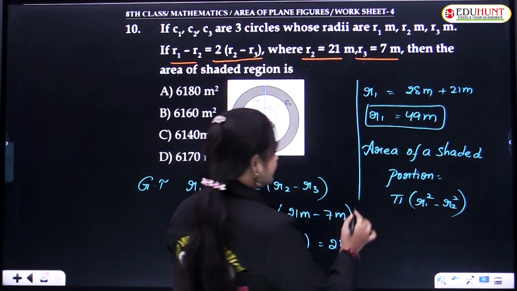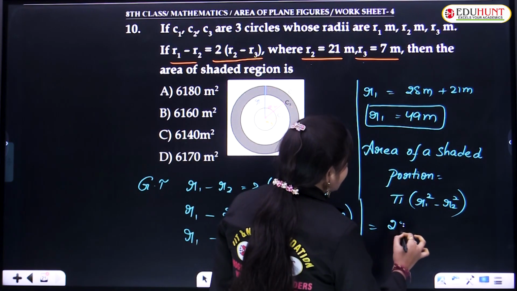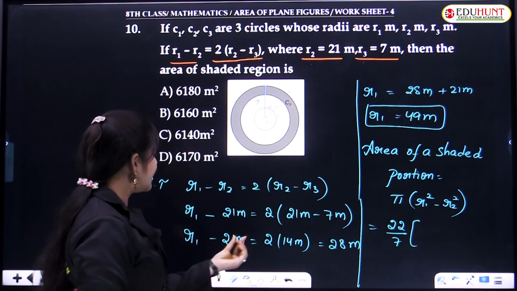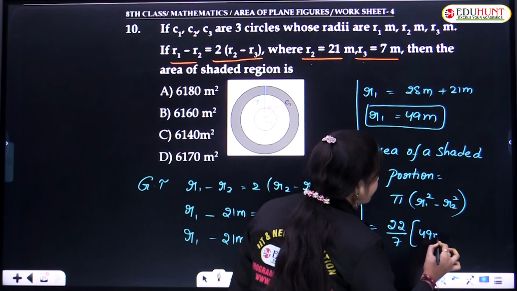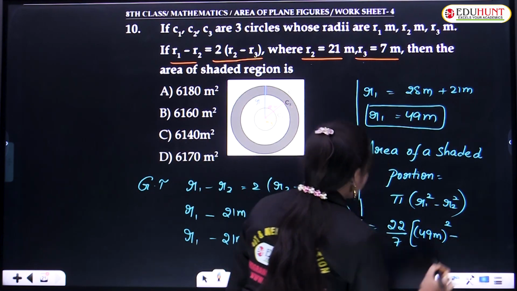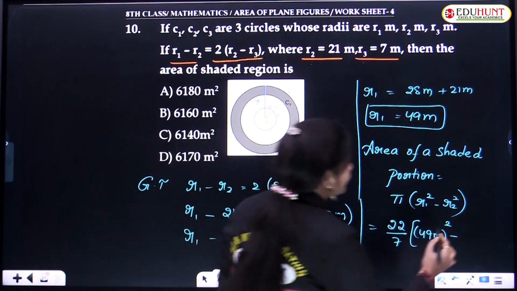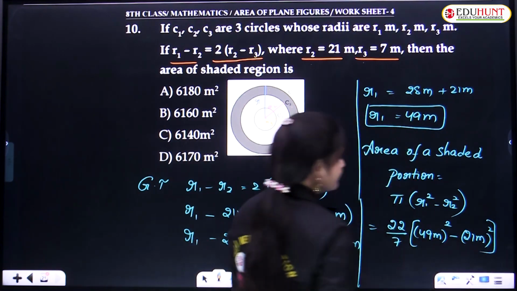Okay. Yes, now here pi, they didn't mention the value, no? Then here 22 by 7 into R1, how much did we get? 49 meters whole square, minus R2, which is 21 meters whole square. Clear?